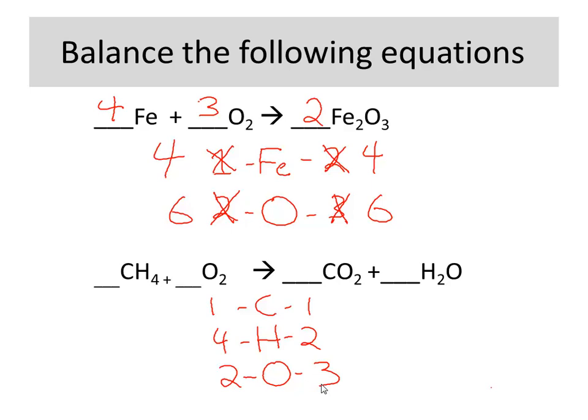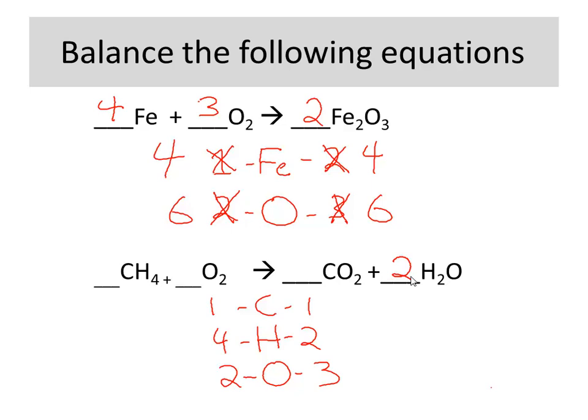So let's pick something to balance. Now, my carbons are already balanced, so let's move on to hydrogens. How can I make this have the same number of hydrogens in the products as I do in the reactants? What do I have to do? Times by 2. I have to have 2 H2Os. I have to multiply it by 2. What does that change?